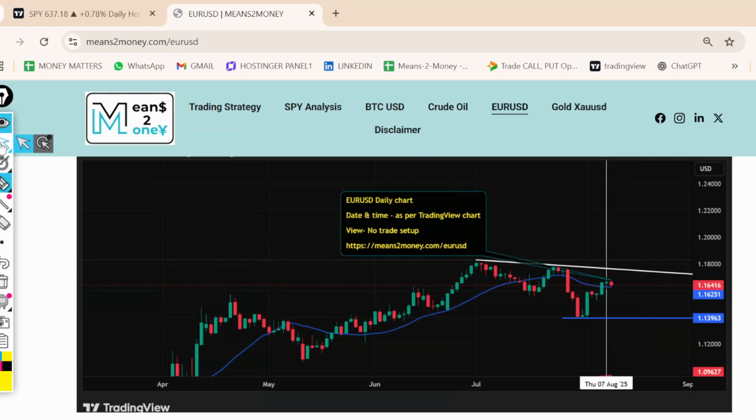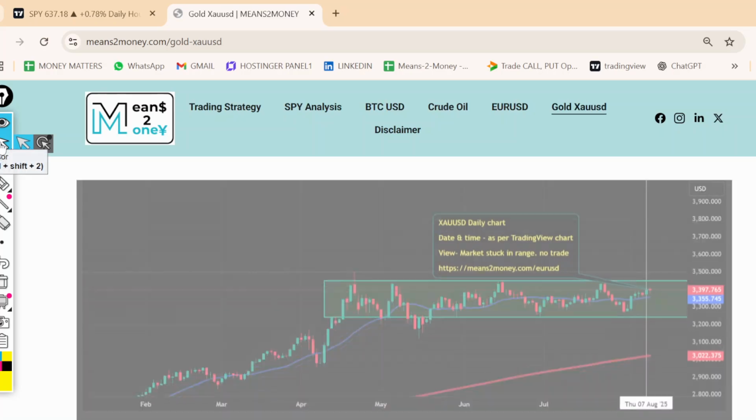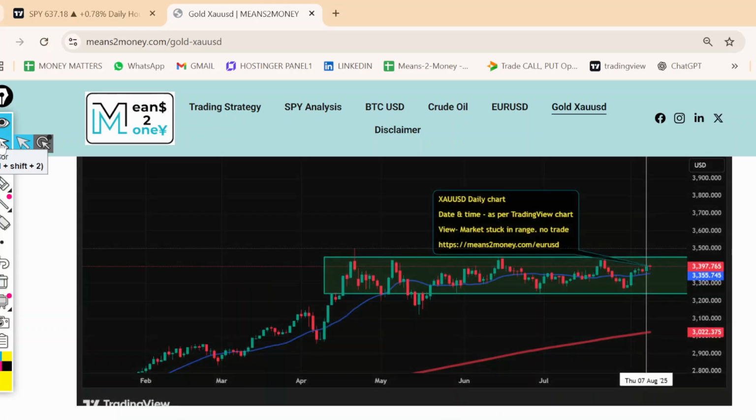Next instrument is gold. You can see gold is in a continuously sideways market for a long time. If you see the time, it is between April, start of the first 2 weeks of April. From this time, the market is continuously sideways.